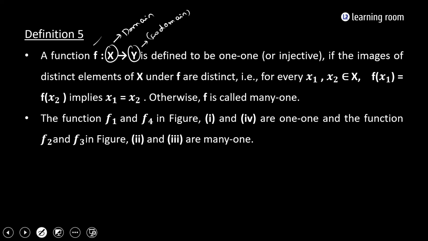So f is a function mapped from X to Y, is said to be a one-to-one function, or the technical name for it is injective, if the images of distinct elements of X under the function f are distinct. So confusing.